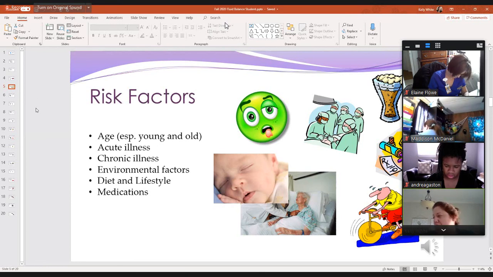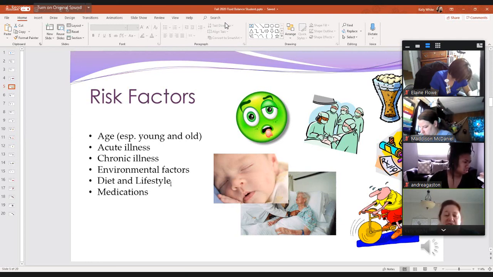Then with acute illnesses, you've got nausea, vomiting, diarrhea, you're losing those fluids, so you've got something acute going on. Your chronic illnesses like your liver disease or renal disease and your diabetes. Those environmental factors like being super hot outside and you're sweating and losing a lot of fluid that way. Your diet and lifestyle, if you're not taking in enough fluids, or if you are exercising like crazy and you're sweating and really diaphoretic and losing fluid that way.